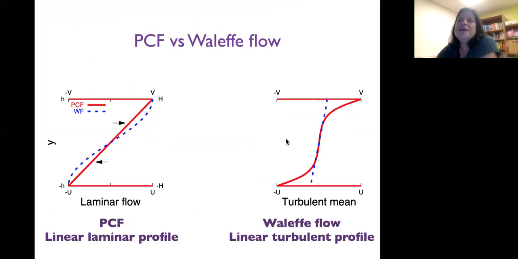Now, when we go to the mean flow, when we have turbulence, we're familiar with the fact that in plane Couette flow you have this S-shaped profile, where the flow likes to have kind of the same velocity in the center, and all the difference is taken up by the boundaries, by the boundary layers, this stuff here. But in Waleffe flow, since it doesn't feel the wall so strongly, it has a pretty much straight turbulent mean profile. So that's funny.